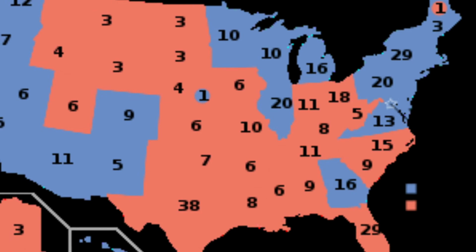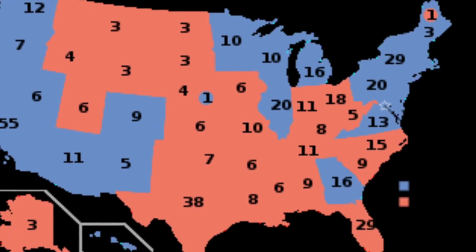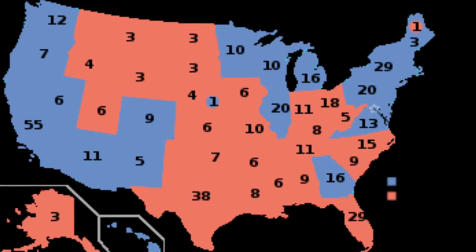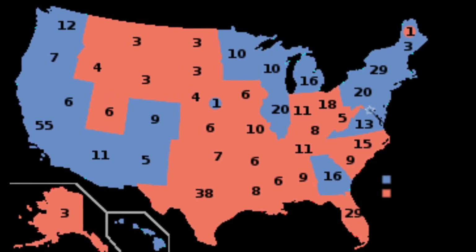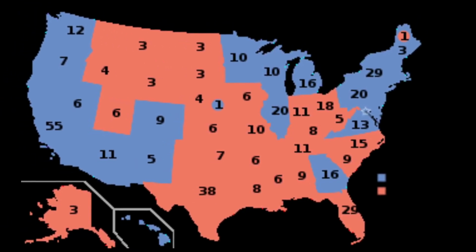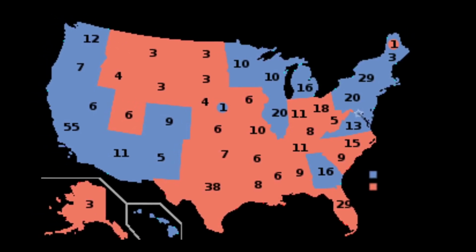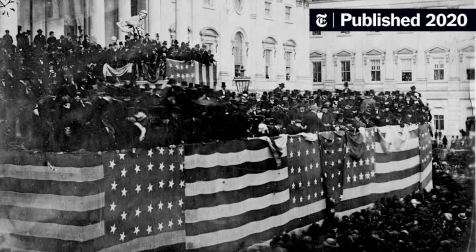The founders also assumed that most elections would ultimately be decided by neither the people nor the electors, but by the House of Representatives. According to the Constitution, if no single candidate wins a majority of the electoral votes, the decision goes to the House, where each state gets 1 vote.